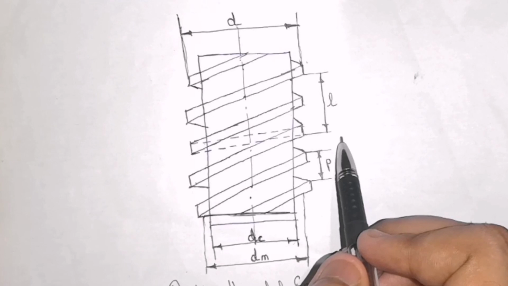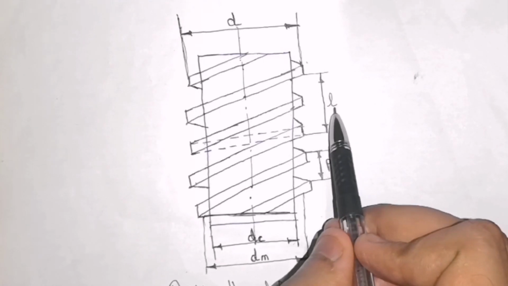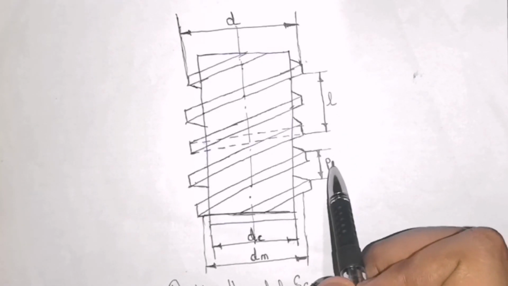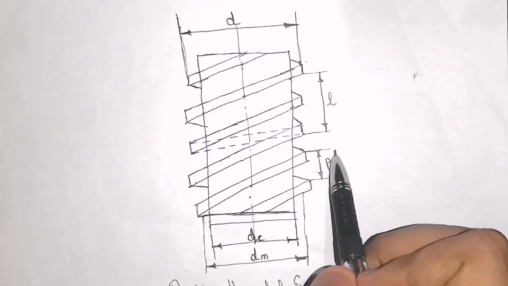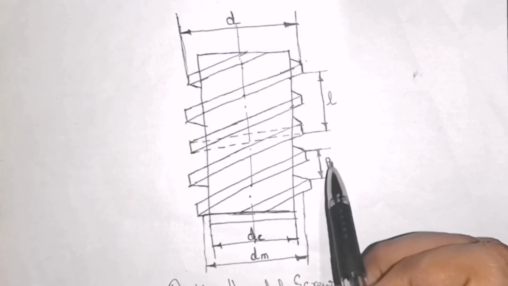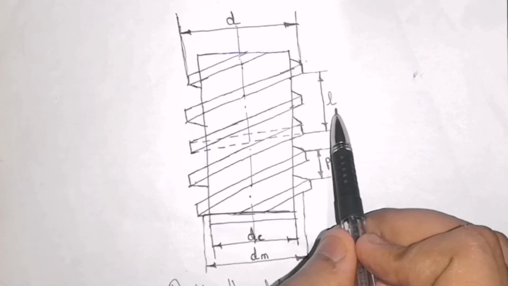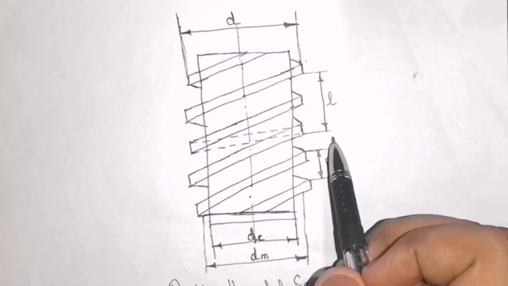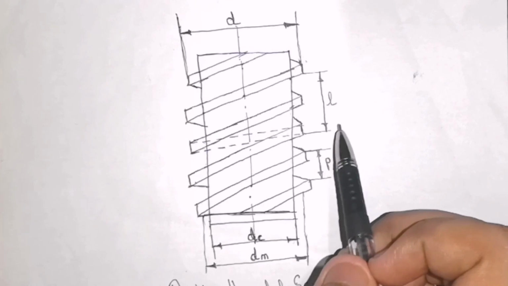For a single threaded screw, lead will be equal to the pitch. That means it will travel a distance equal to the pitch in one revolution. For a double threaded screw, L will be equal to 2P, and similarly if it is a triple threaded screw, then L will be equal to 3P.